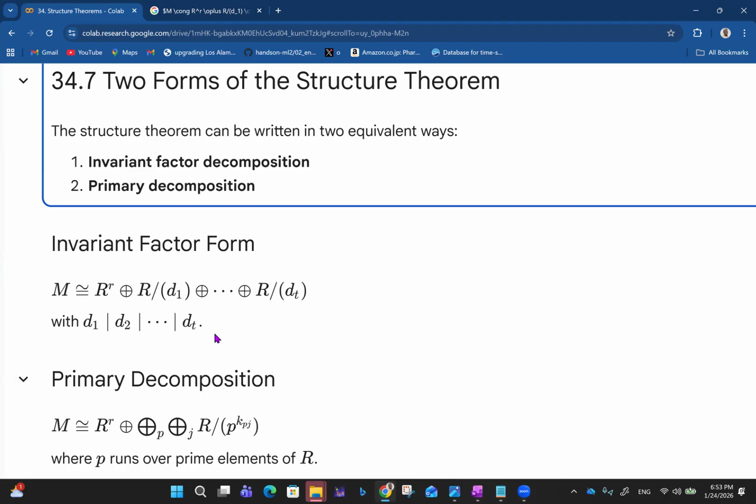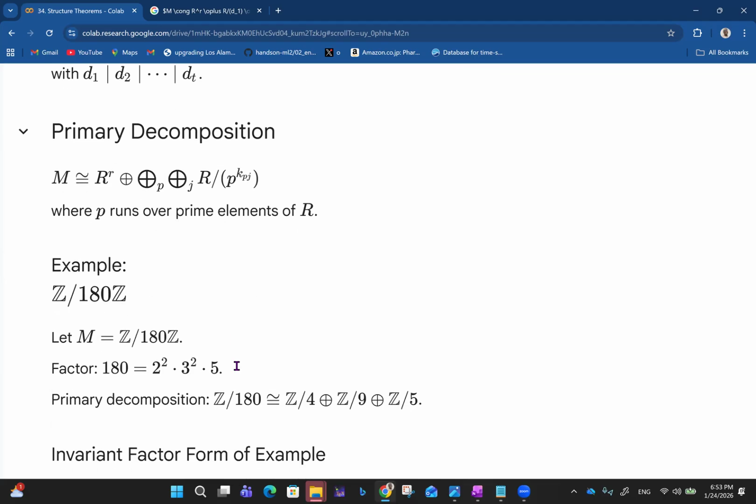So this is the invariant form. But then there's the primary decomposition, where M is isomorphic to the free part R^r ⊕ the sum over p of the p-primary parts, where p runs over primes of R. These are the two forms, the invariant factor decomposition and the primary decomposition.